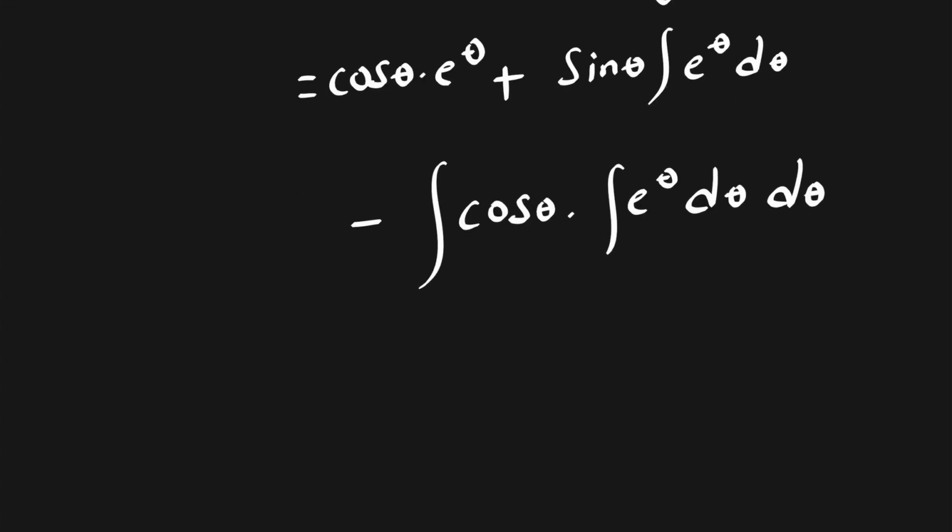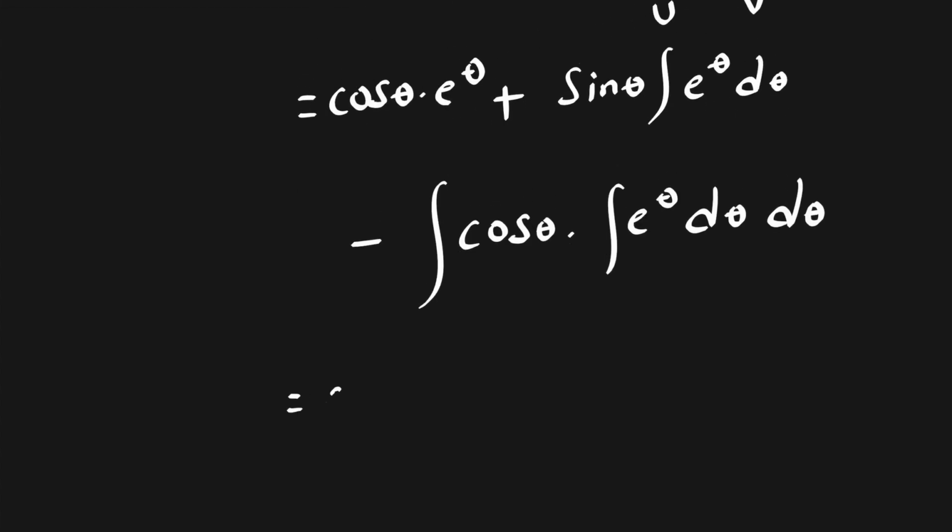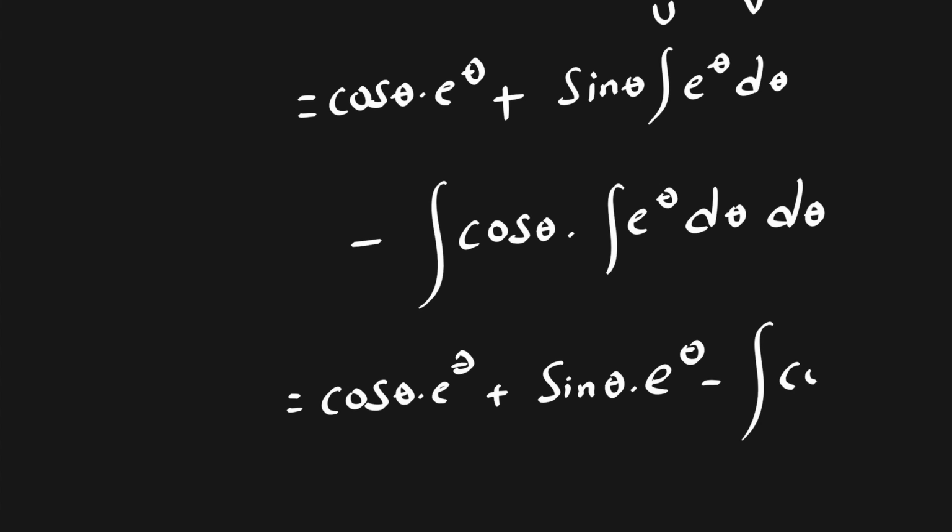Perfect. Sine theta times integral e to the power of theta d theta is sine theta times e to the power of theta, and then we have minus integral cos theta times e to the power of theta d theta.